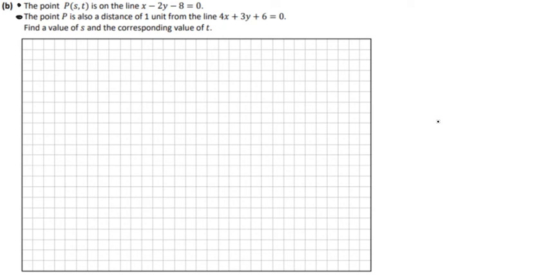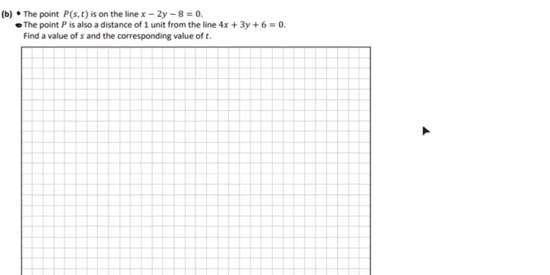So if you take this fact here that the point P(s, t) is on the line x minus 2y minus 8, similar to part A, you can just sub in the x and y values. So x minus 2y minus 8 equals 0.